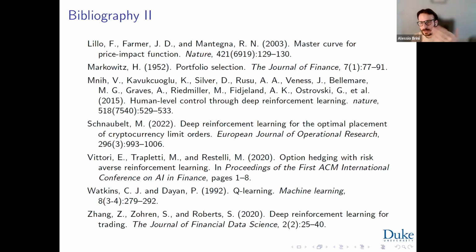At the beginning of this presentation, I tried to list a few other applications where reinforcement learning is used to hedge portfolios of options, or applications I've seen in the corporate bond market. So there's a lot. There's no restriction in terms of assets, I would say.